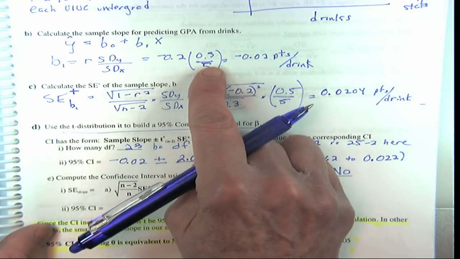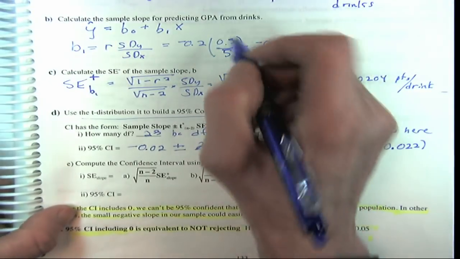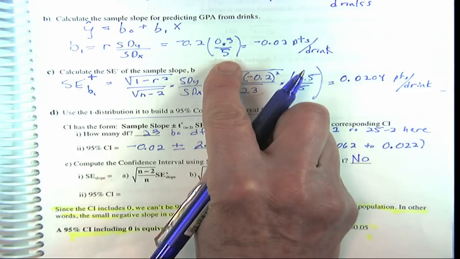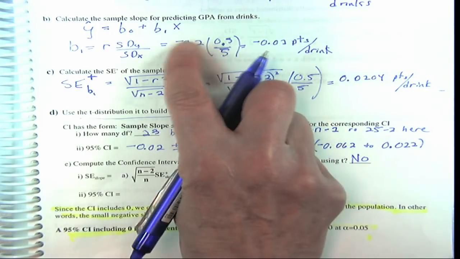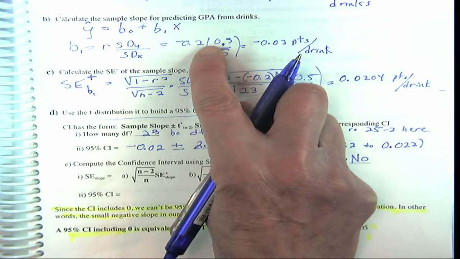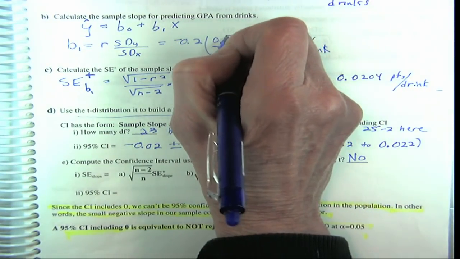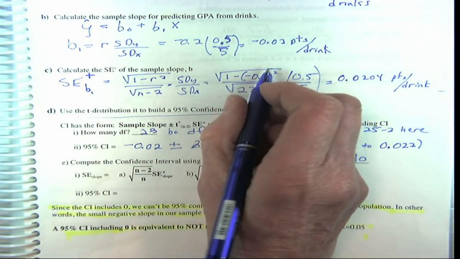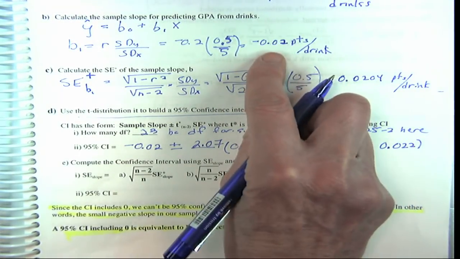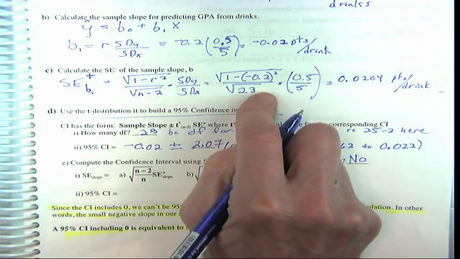Wouldn't it be negative 0.02? This is 0.5 over 5, right? So that's 0.1, so we just move it over 1. Is that a 2 or a 3? This is a 2. Oh, you thought it was 3? Yeah, sorry. That's a 2. Sorry, my handwriting's bad.